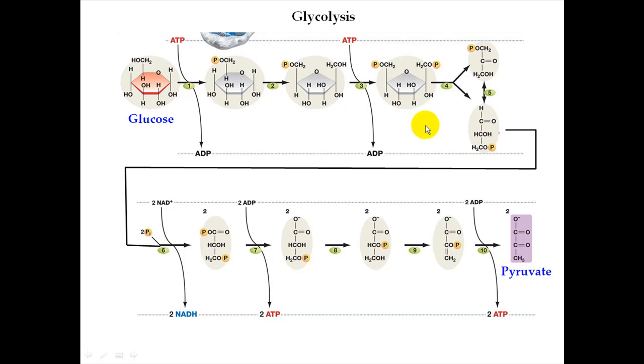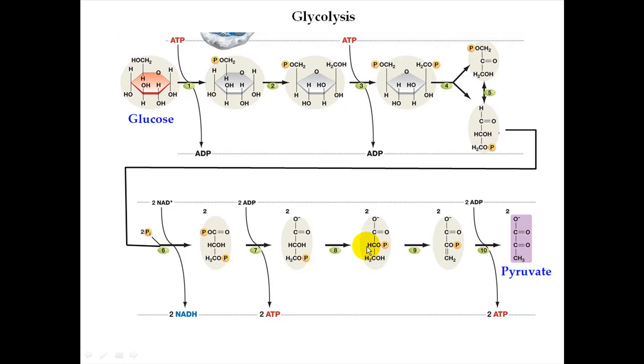The thing we'll mention about the second phase of glycolysis is that there are some rearrangements that occur to that 3-carbon molecule. One of the first rearrangements you see occurs at this step where the phosphate ends up switching places. In this molecule, the phosphate is on this end carbon, whereas in this molecule, the phosphate jumps up to that second carbon.